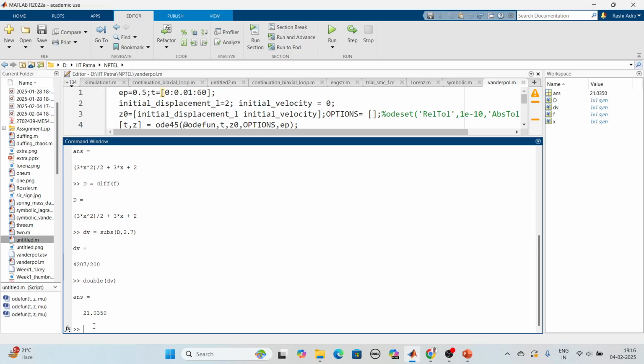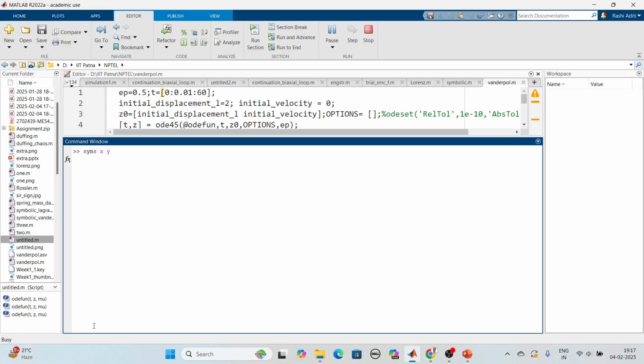So, for example, let us say I have a function with two variables x and y, and my function is something like 3 into x to the power 4 plus x into y plus exp of minus y.